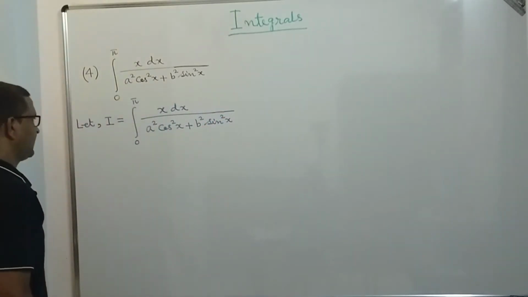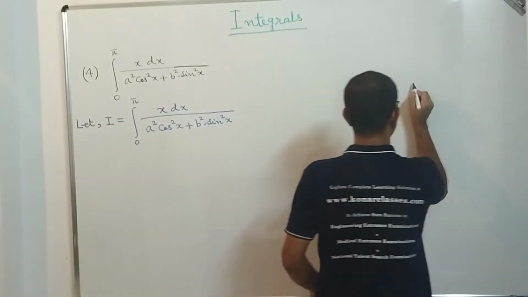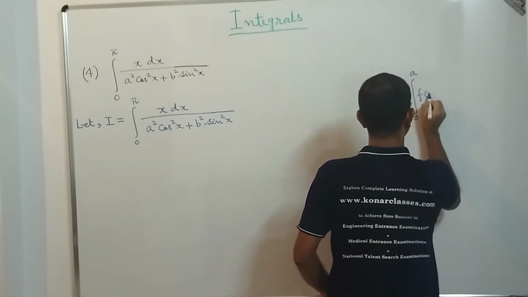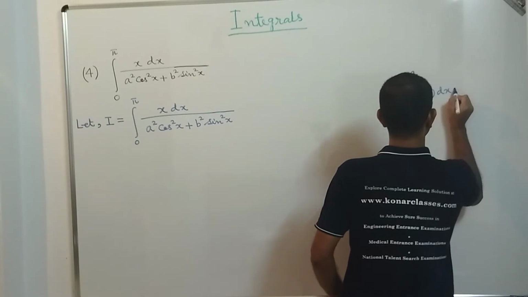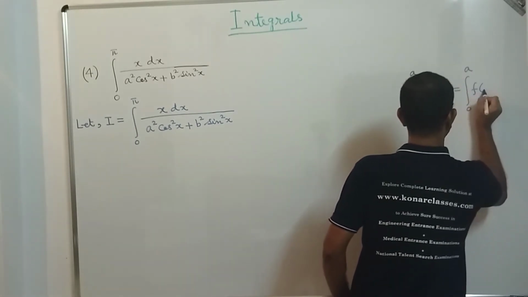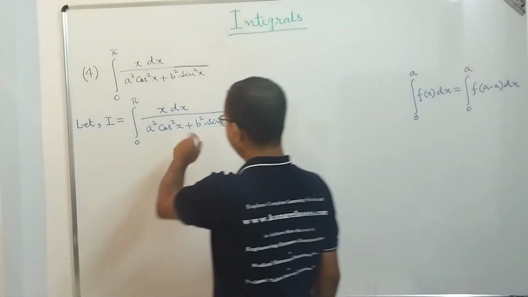Now we know one property, dear students, if you recall, that the integration from 0 to a of f(x) dx is equal to the integration from 0 to a of f(a minus x) dx. So we are going to apply that rule here.